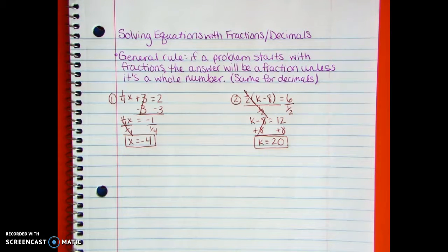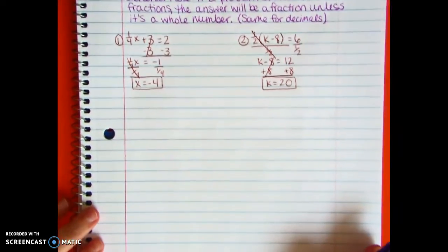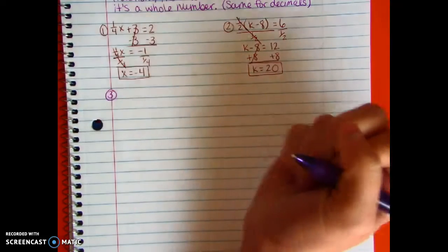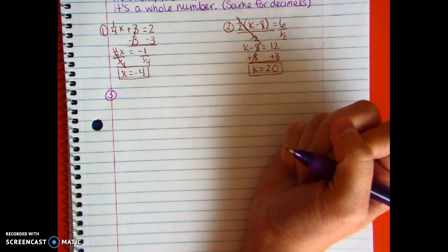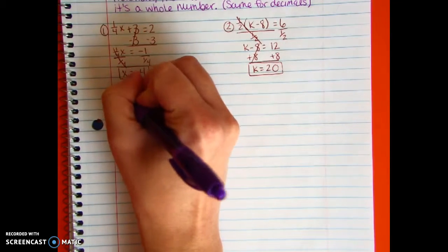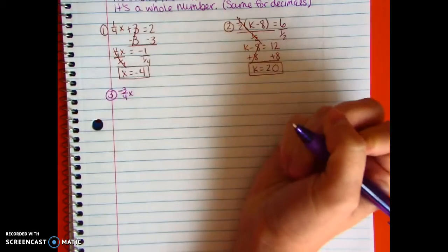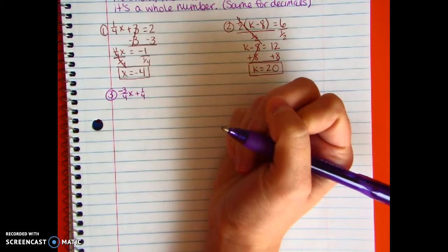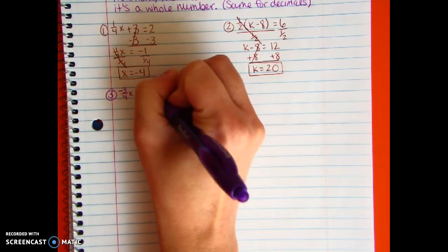Okay, hopefully those weren't too bad. Let's look at a few more where we're going to have to actually make some fractions for the answer. So this one, let's do -3/4 x plus 1/4 equals 1/2.